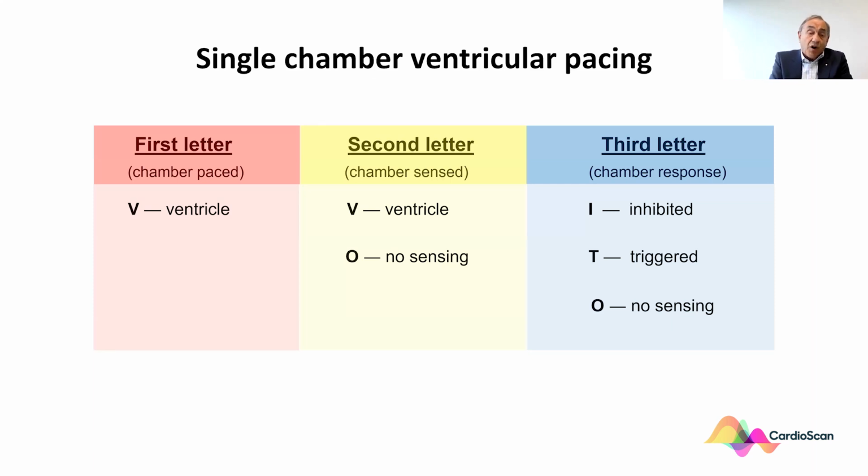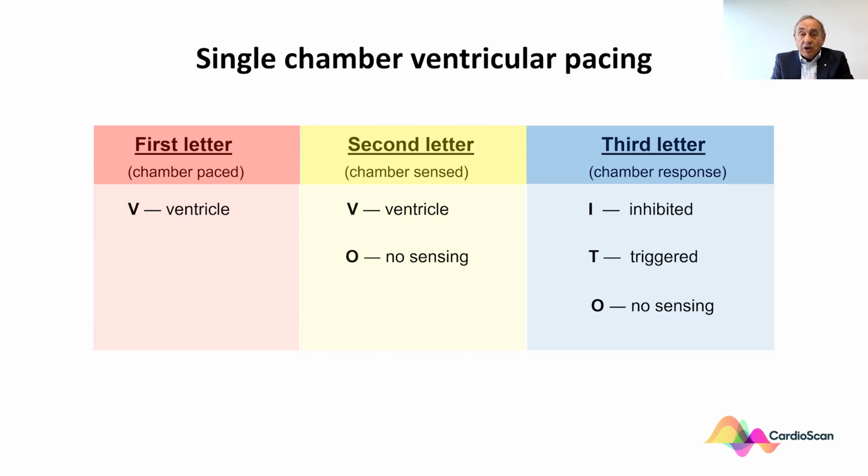The first letter obviously is V, and the second letter obviously is V also with the chamber sense, but we can have no sensing as well. Whereas with the third letter, the response, we may have inhibited, we may have it triggered, and then we also may have no sensing at all.